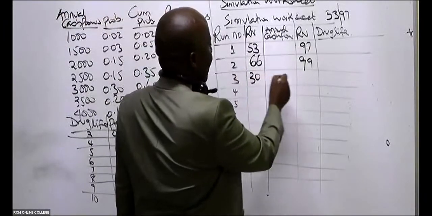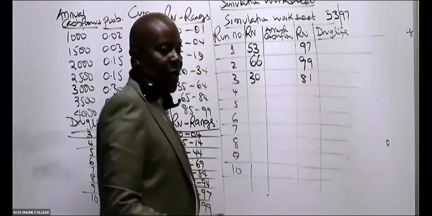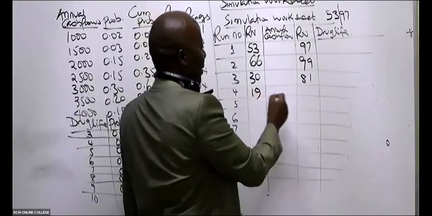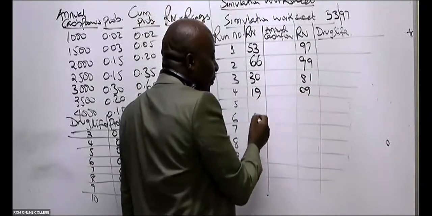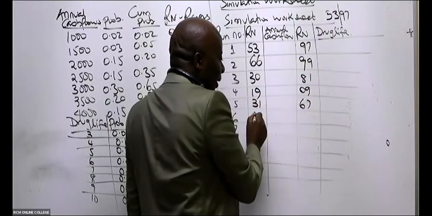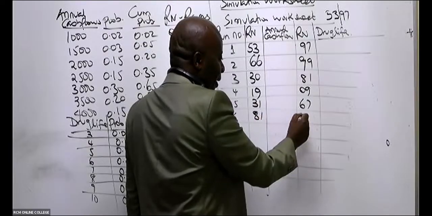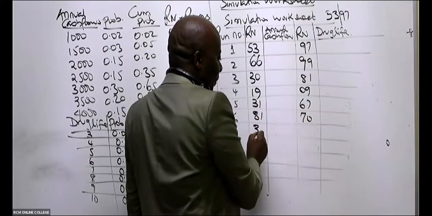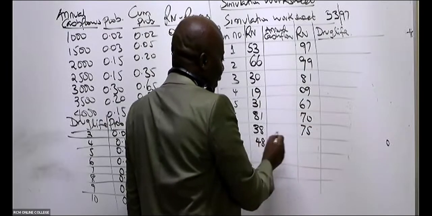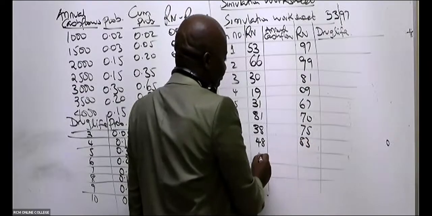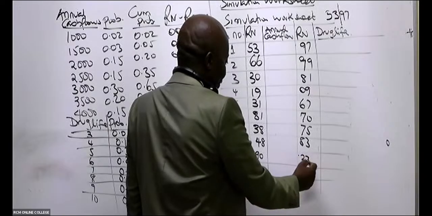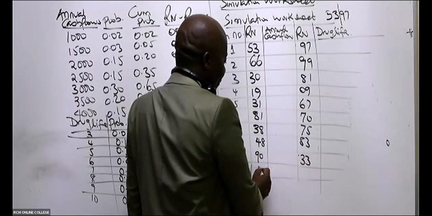So we have here 3081. Then 1909, 3167, 8170, 3848, 8390, 1333, 58.